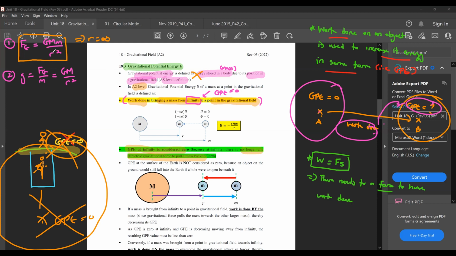You are dividing by infinity, so your Fg would actually be 0. So at infinity, you have no gravitational force. When you have no gravitational force, it also means that you have no capacity to do work.